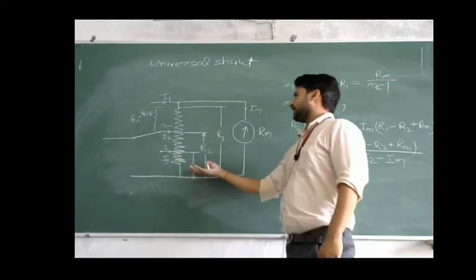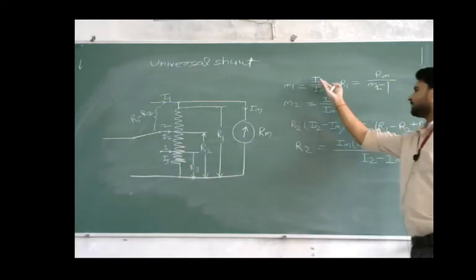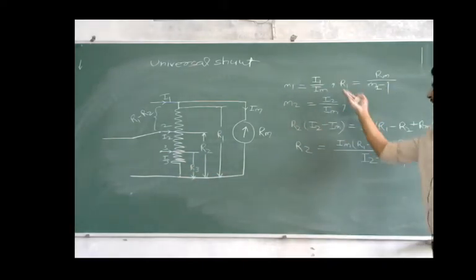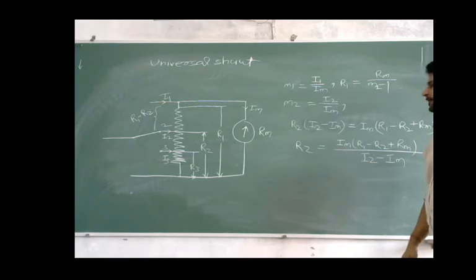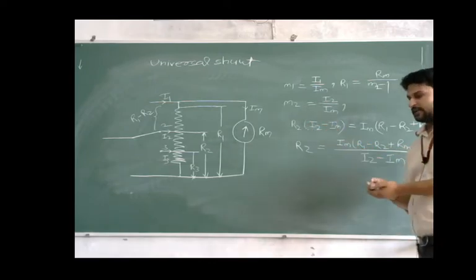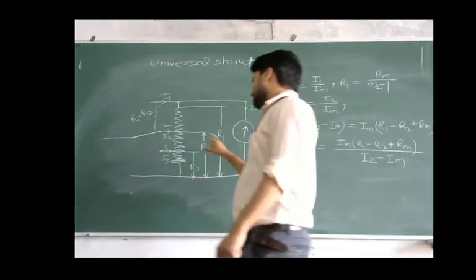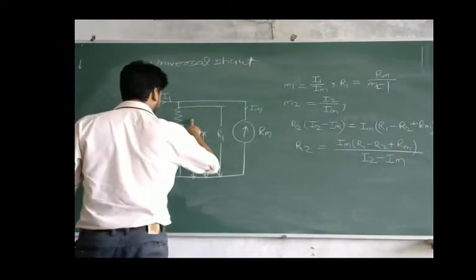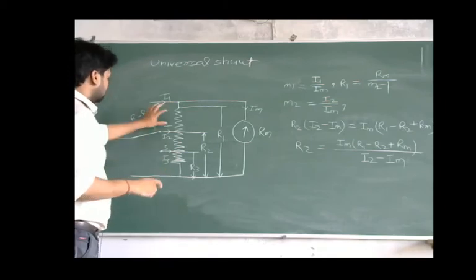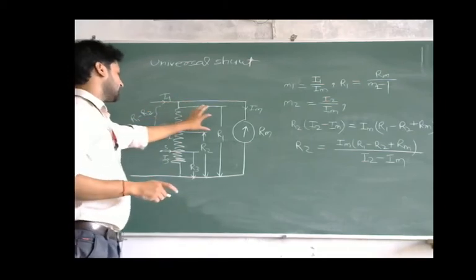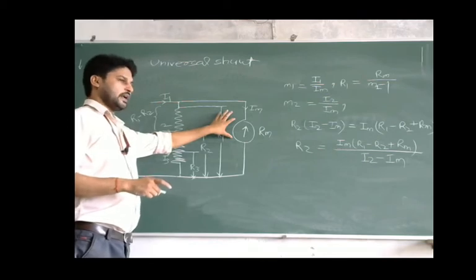In this way, the range of this instrument can vary by using a single resistance, but the disadvantage of this method is that a portion of the resistance appears in series with the instrument.